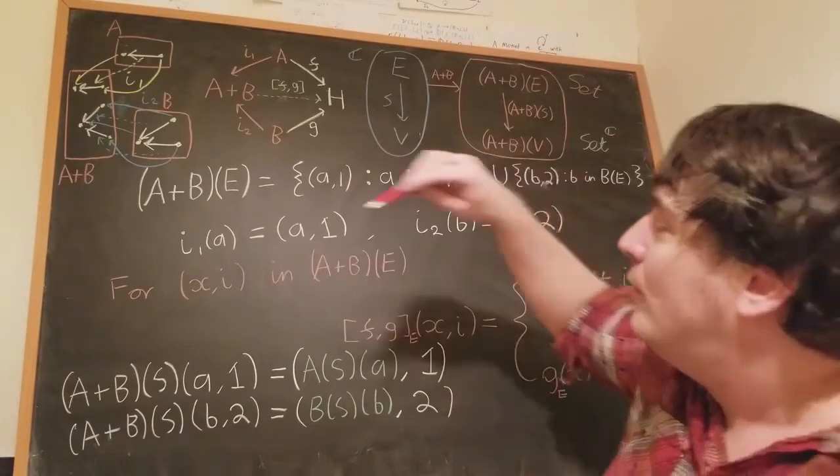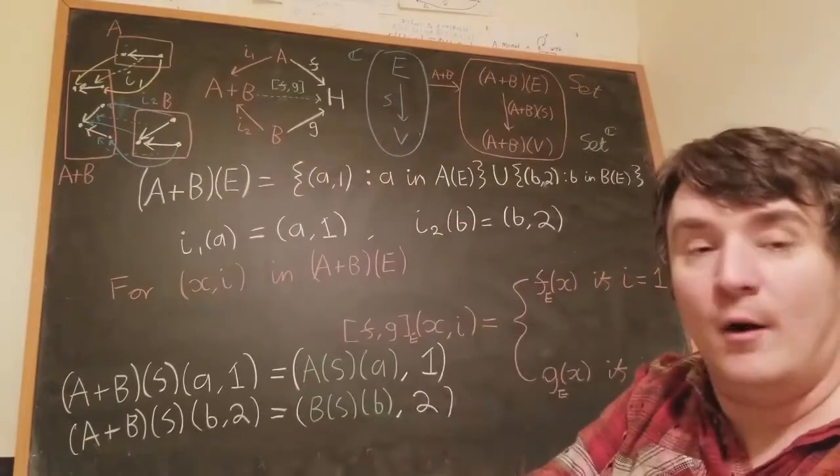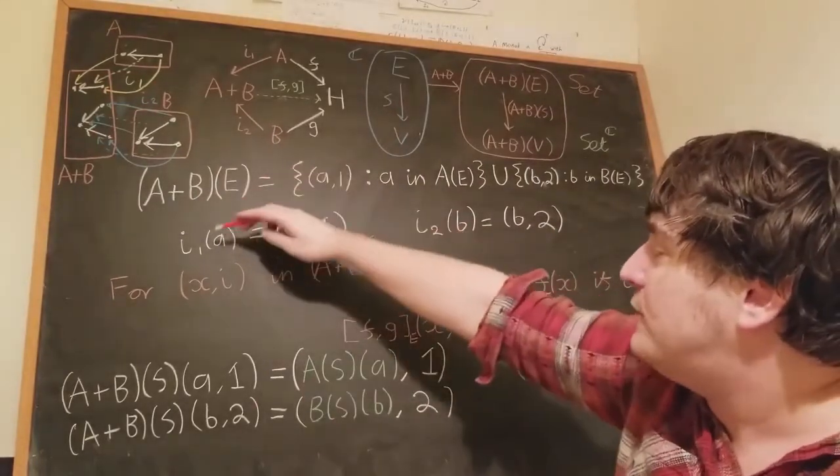Okay, that's what this set A plus B of E looks like. What do these injections look like?